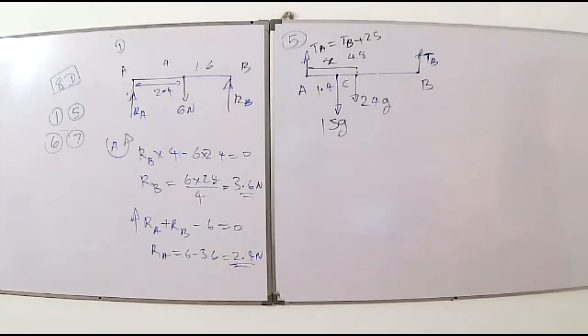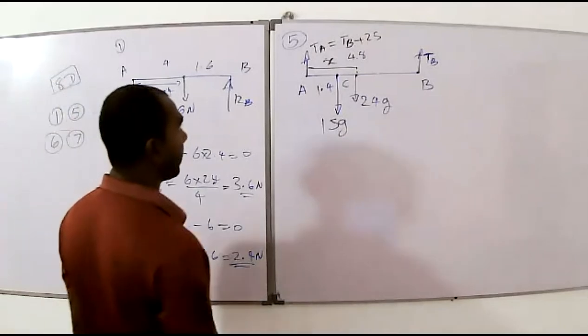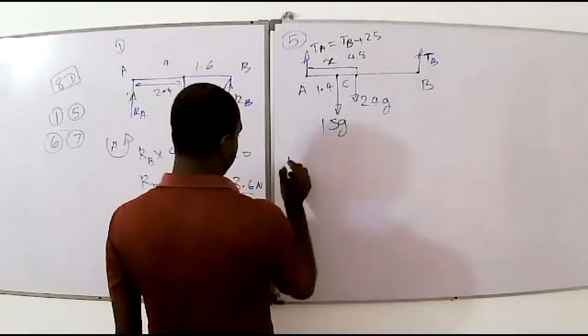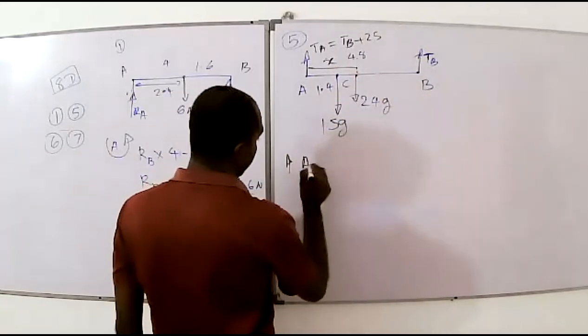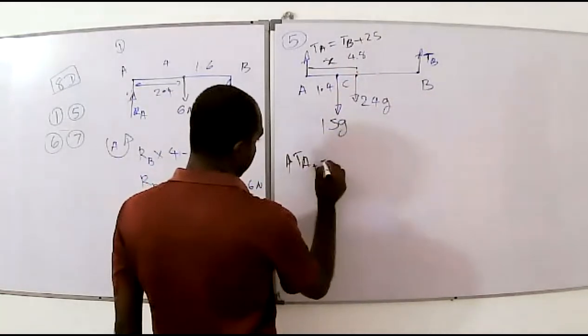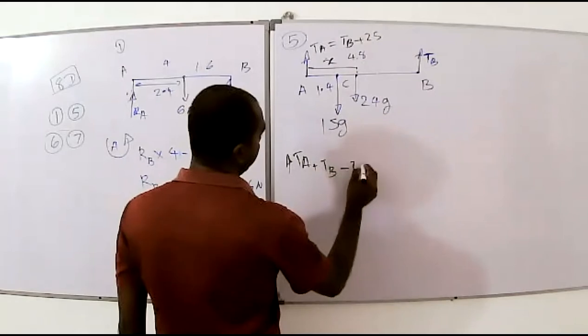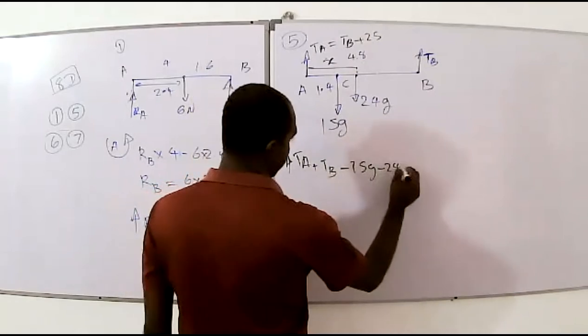So how to do it? Now, if we resolve upward, we can easily find TB, no? TA plus TB minus 15G minus 24G.